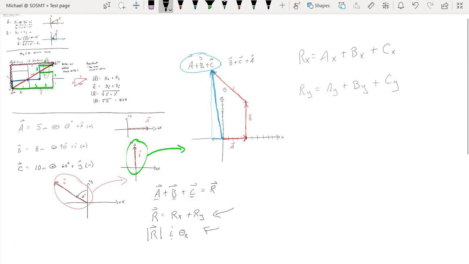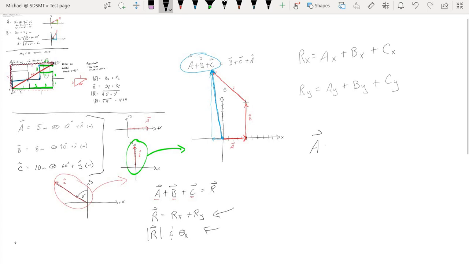The magnitude and angle can be converted to components, but trying to work just with magnitude and angle can be very frustrating, and it can be very misleading at times. So what we need to do is take a moment and convert our three vectors, which are in magnitude and angle format, into component form.